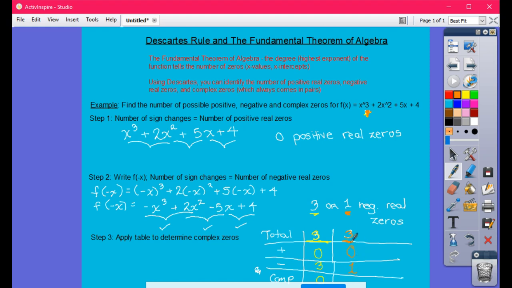If I have 3 total zeros and 0 of them are positive and one of them is negative, how many does that leave over to be complex? That would be 2, because the total number of zeros is 3. I will only use one of them to be negative, which means that I have 2 left to be complex, which makes sense because complex numbers always travel in pairs, conjugates. It should be an even number. So these are my possibilities.